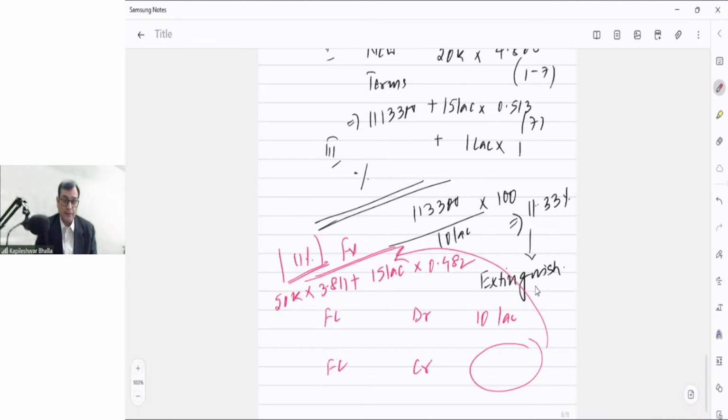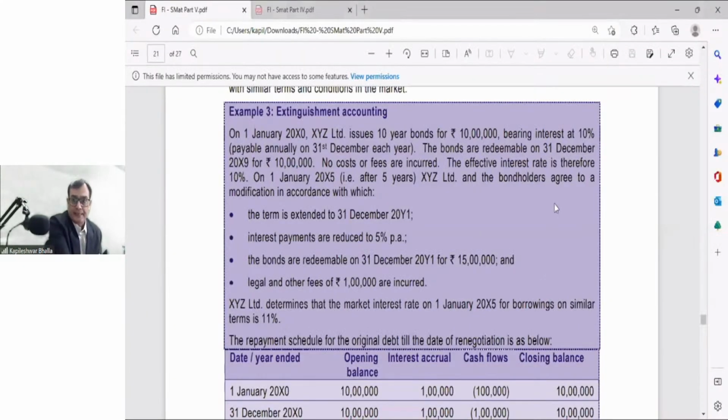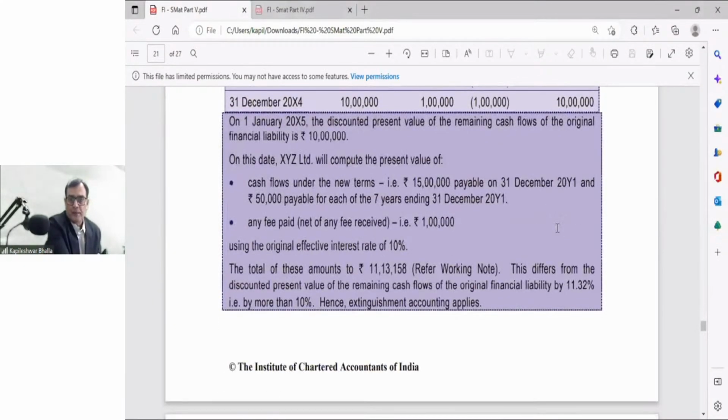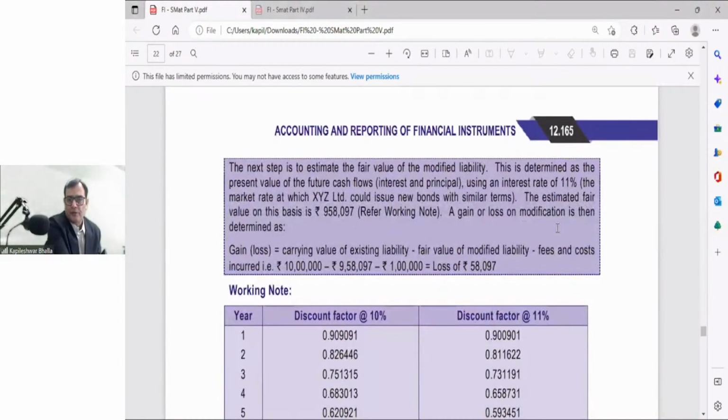So 15 lakhs into 0.482, 723. So this is, I think, coming to 913,550 if my calculations are correct. So the new financial liability is coming to a total of 913.